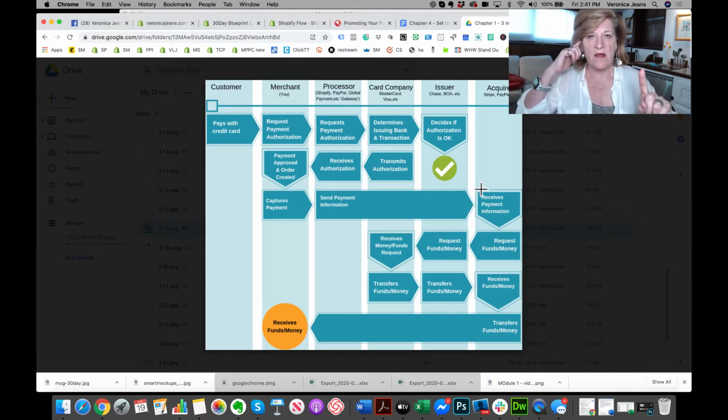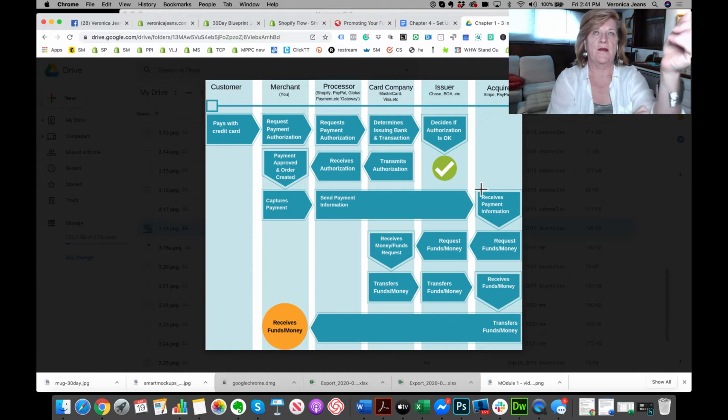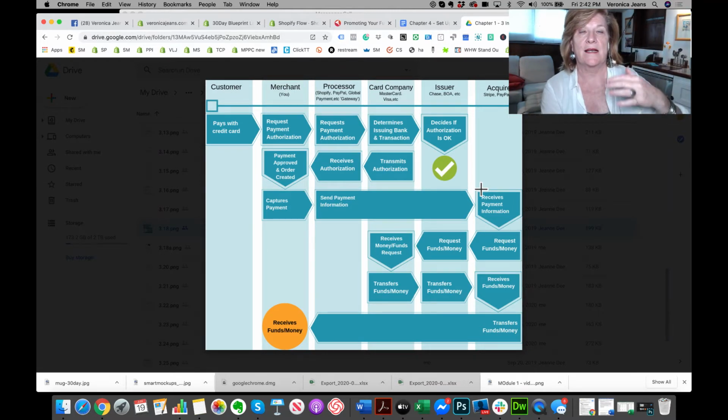The acquirer for Shopify Payments is like a bank, or the bank that Shopify Payments uses, and they use Stripe. PayPal obviously uses PayPal. Your third party processor uses something else, right?